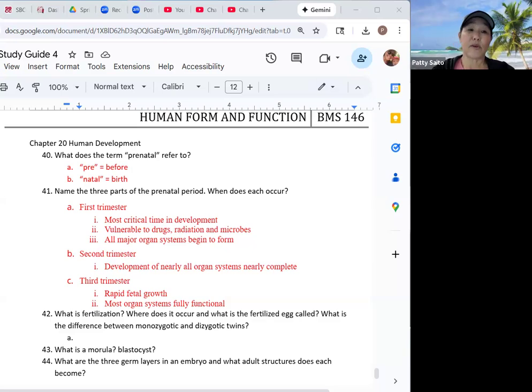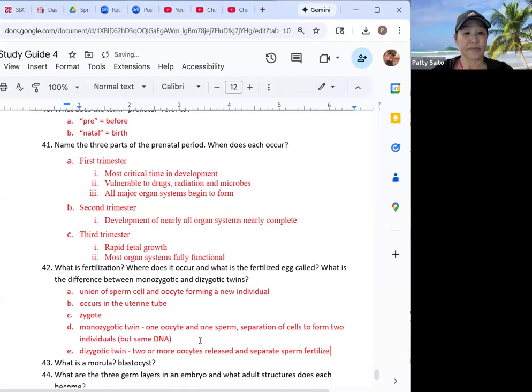And it forms a fertilized egg called a zygote. And egg being the oocyte, forming a new individual. And more specifically, it's called a secondary oocyte. This occurs, remember, in the uterine tube, and it's called a zygote.